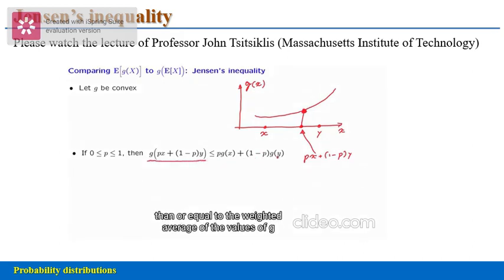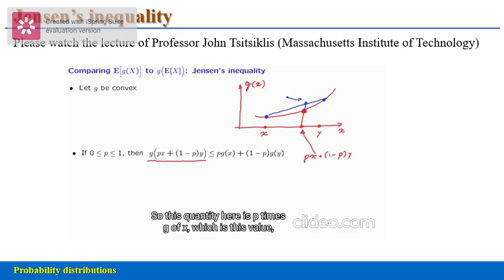This is less than or equal to the weighted average of the values of g of x and g of y. So this is g of x, this is g of y. This value here is the weighted average of the two values.